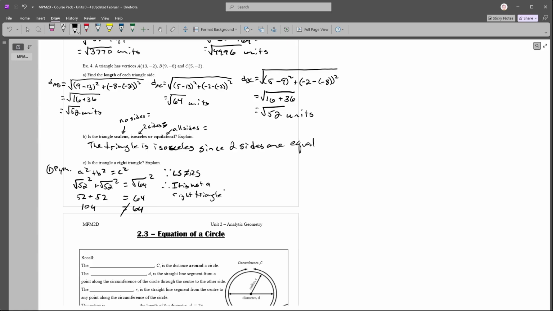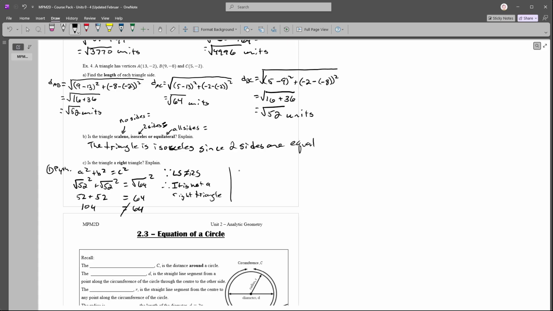Okay. Now, how else could you solve this problem? Well, you could solve this problem in another way by checking all your slopes. If you calculate the slope of all three of your lines, you have to look at the values of the slope, and you're going to look for a negative reciprocal.